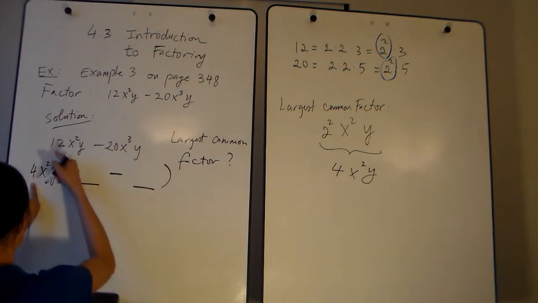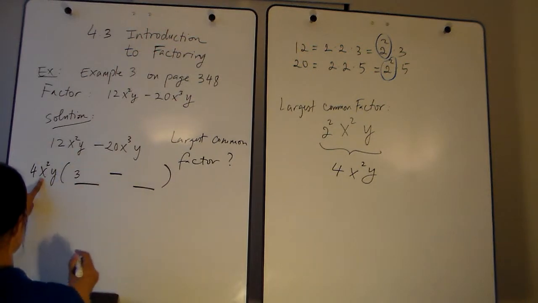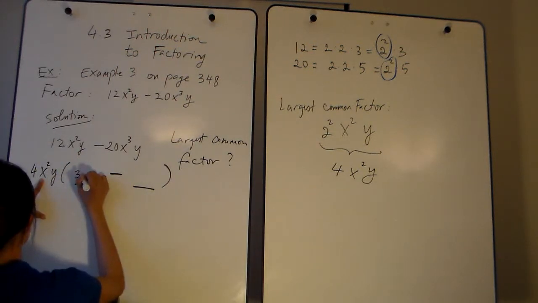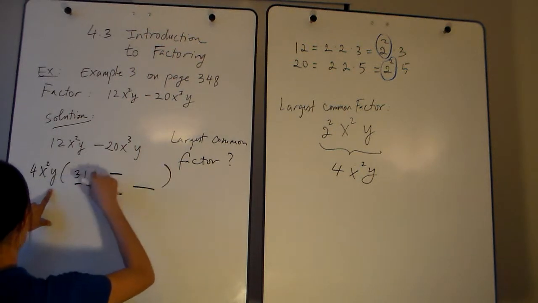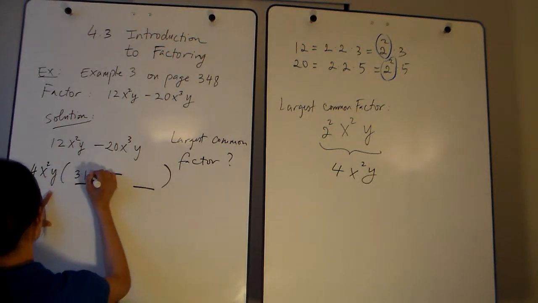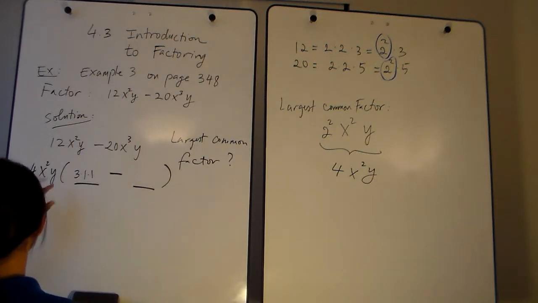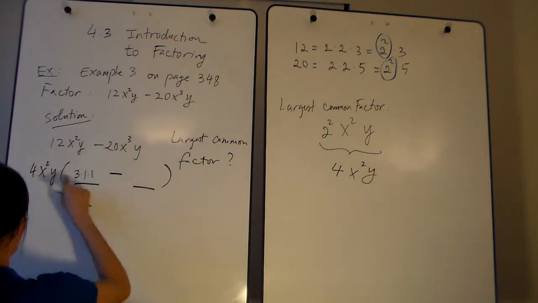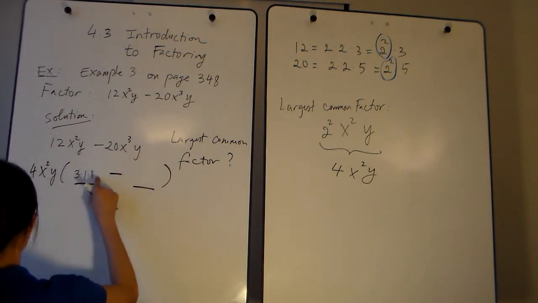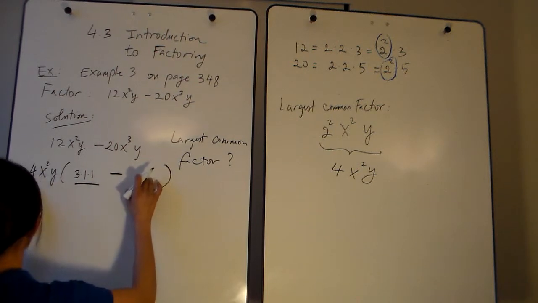For x squared times what equals x squared? 1. You can put 1 if you want, but you don't have to. For y times what equals y? 1. We can check again: 4 times 3 is 12, x squared times 1 is x squared, y times 1 is y.